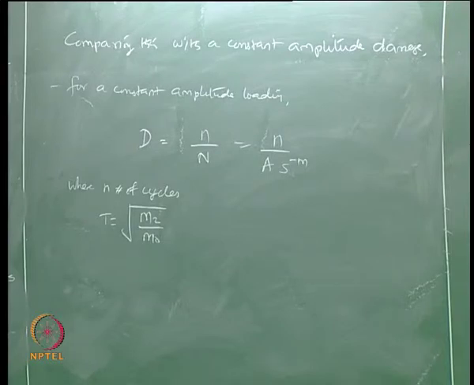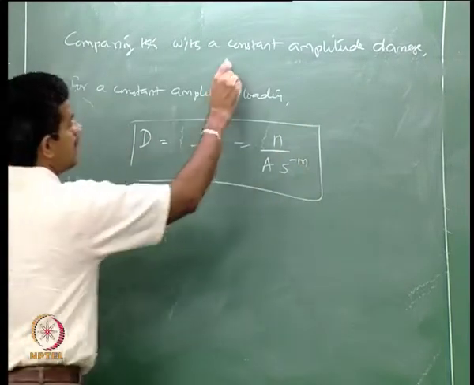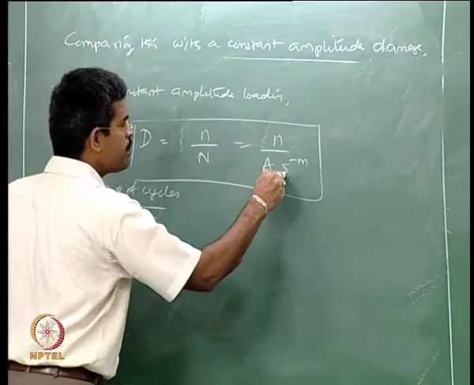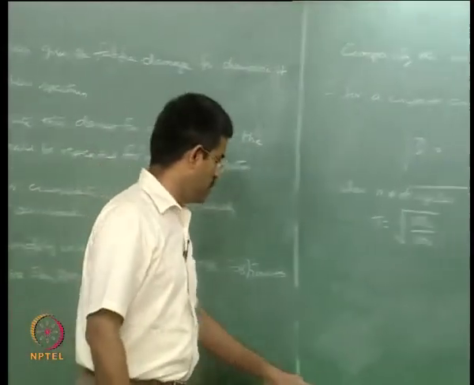I want to compare this method of estimating damage for a constant amplitude with that of equation 6, that is what I am trying to do. So, instead of having a single simple amplitude of the stress, I will have an effective stress amplitude.